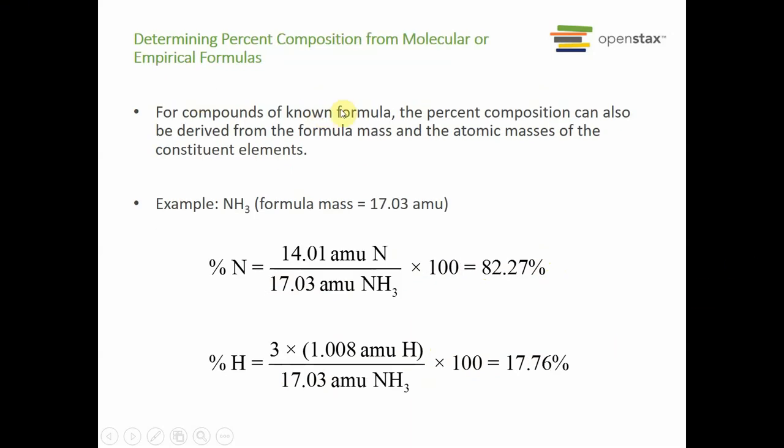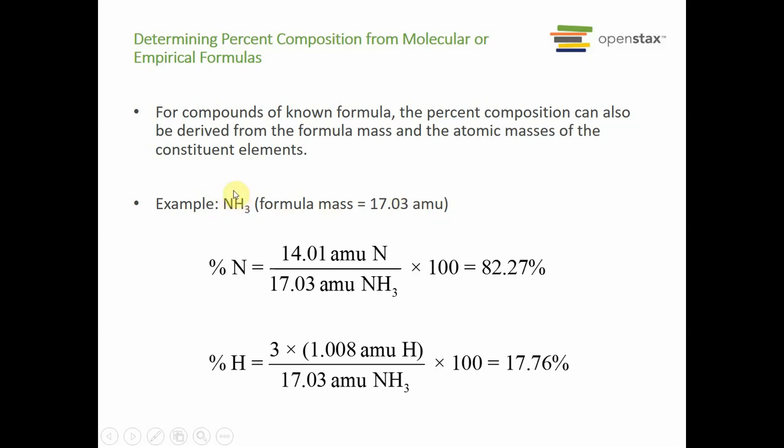For compounds of known formula, the percent composition can also be derived from the formula mass and the atomic masses of the constituent elements. In fact, you could consider this molecule to have a total mass of 17.03 atomic mass units. Now we know the composition.